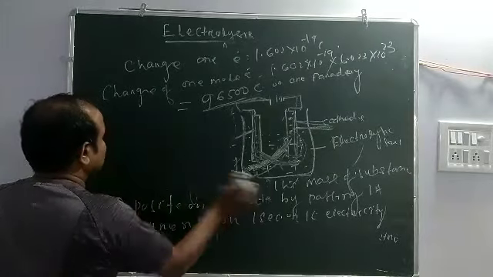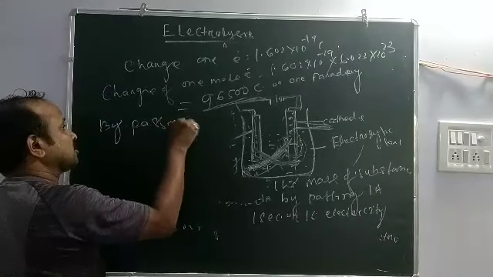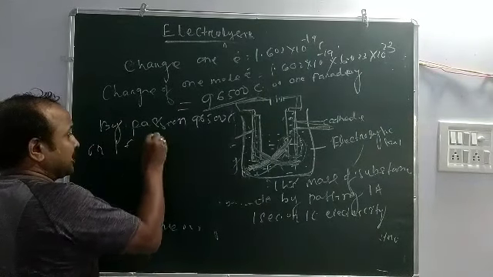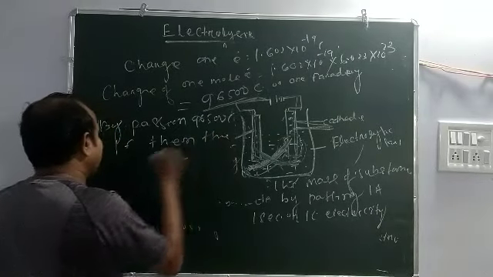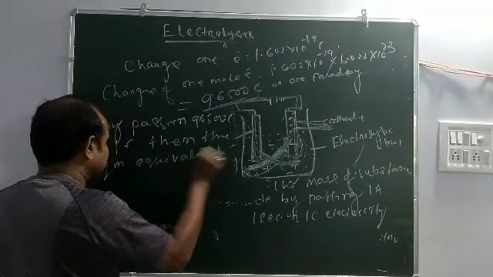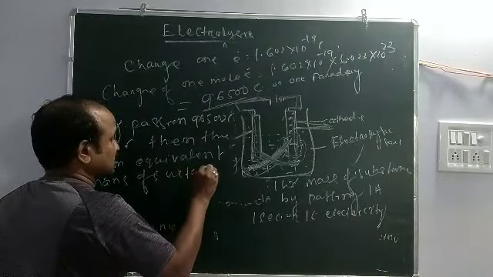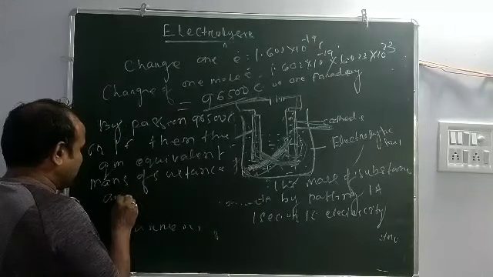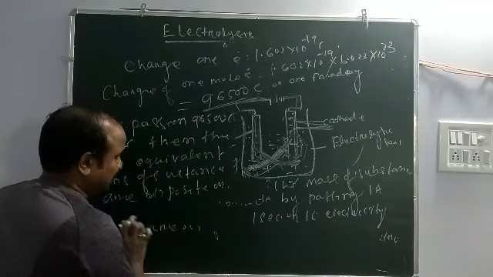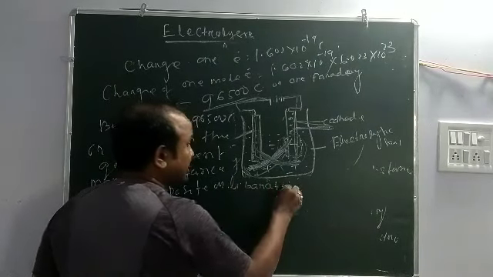By passing 96500 coulomb or 1 Faraday, the gram equivalent mass of substance is deposited or liberated.